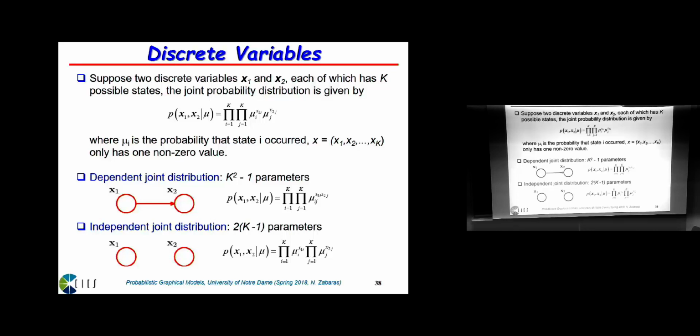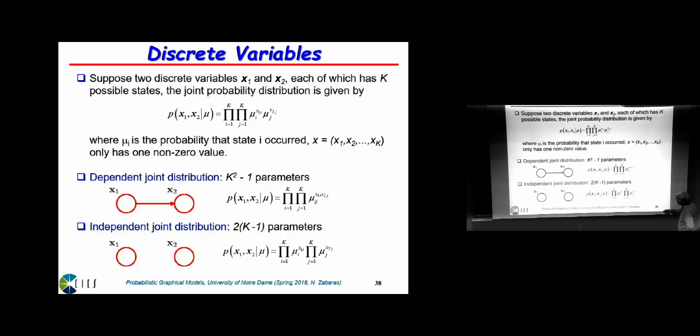Where is the 2k minus 1 coming from? To describe each of these distributions, because this is the product of two independent distributions of x1 and x2, how many parameters do I need for each of these individual product terms? I need k minus 1, right?